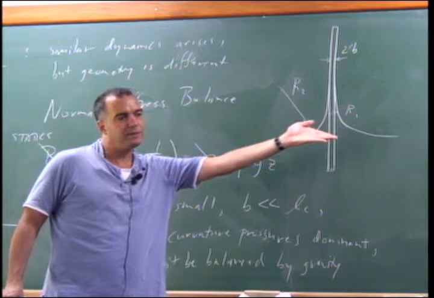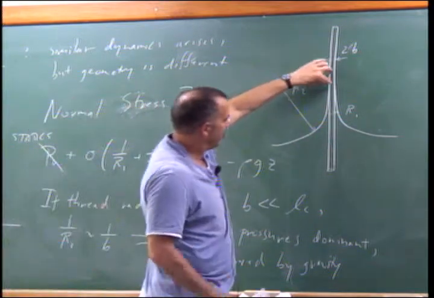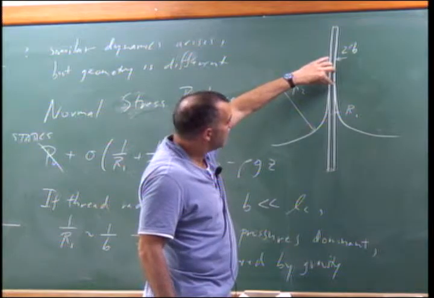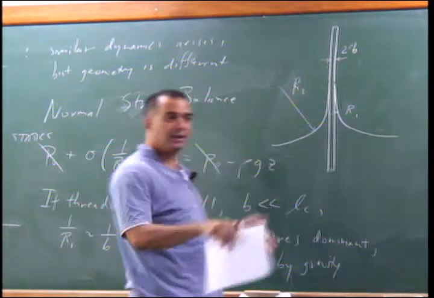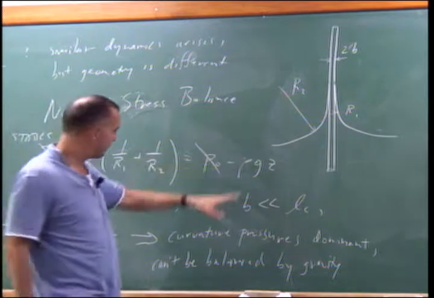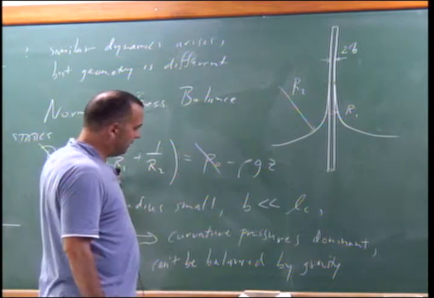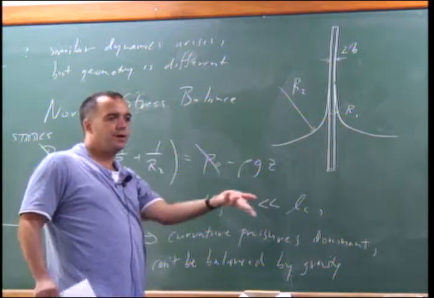This is what a soap film does, if you prescribe the tangential boundary conditions there and flat at infinity, that's what you get, right? So that's the surface which minimizes the surface energy. Because this curvature pressure is so high, gravity can't save you. The only thing that can is curvature in the opposite direction.